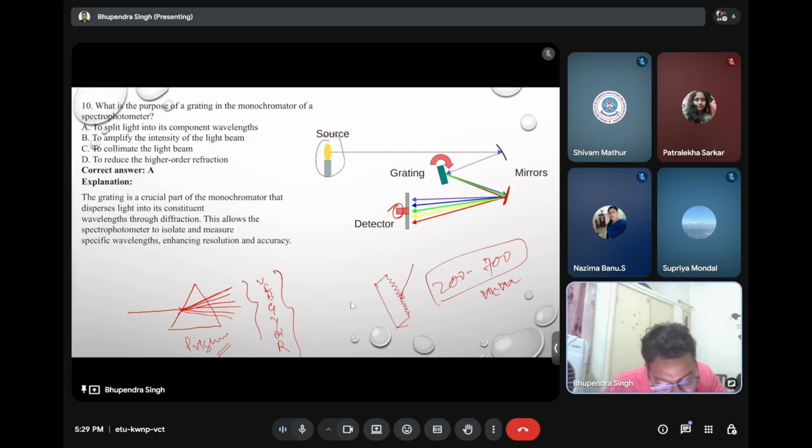Let's say this pinhole is there, but the mirror or disk is changing. This is the instrumentation part, so that only one light gets through. That is why this is important. Otherwise it is very difficult.